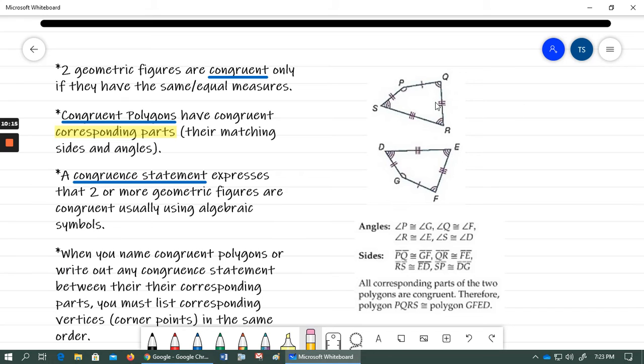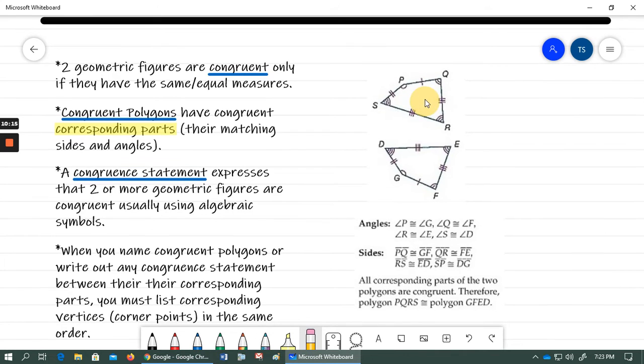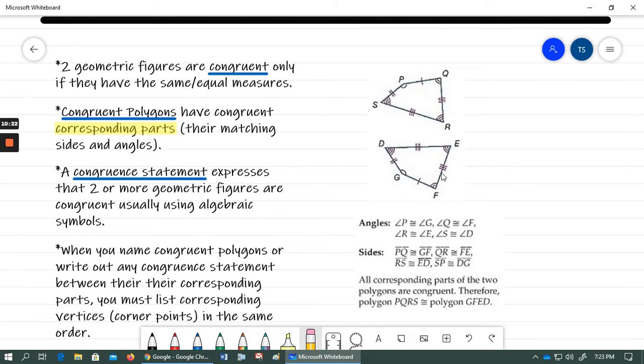You see this diagram on the right, where you see these two four-sided polygons. Each one has four sides and four angles. Technically, they're quadrilaterals.